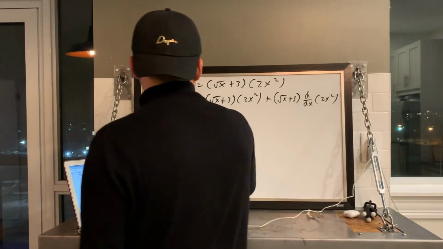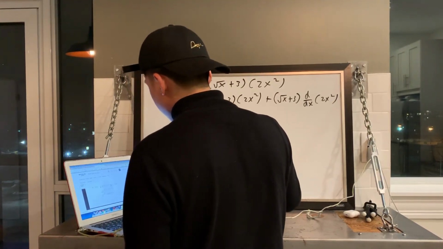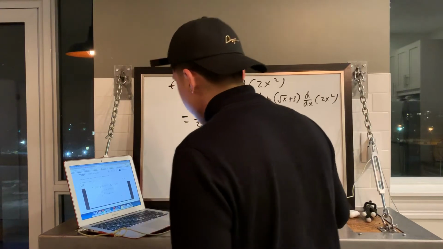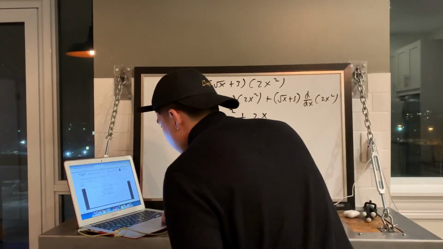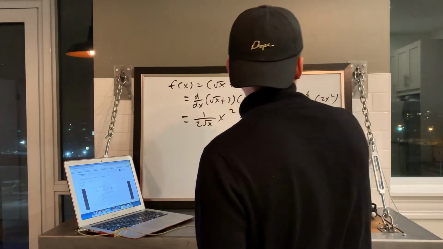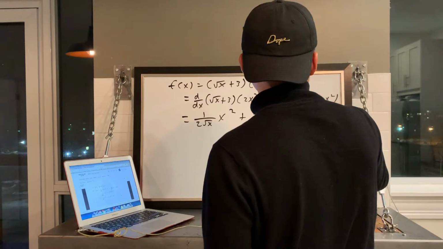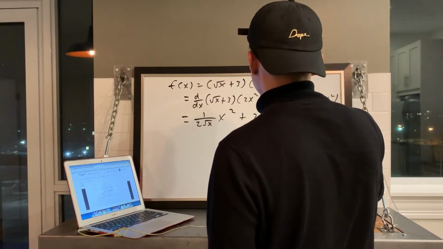What you're going to do is you're going to end up with 1 over 2 root x times x squared, plus 2x, whatever that one is. Oh yeah, 2x and then root x plus 3.